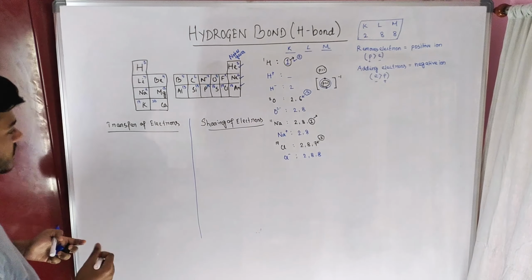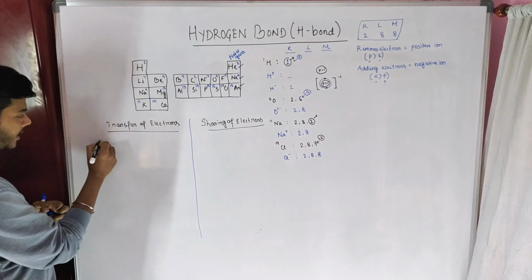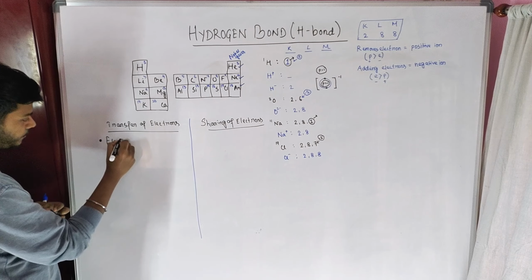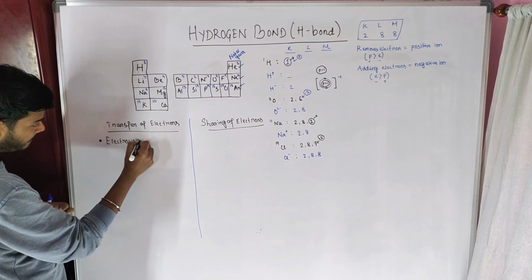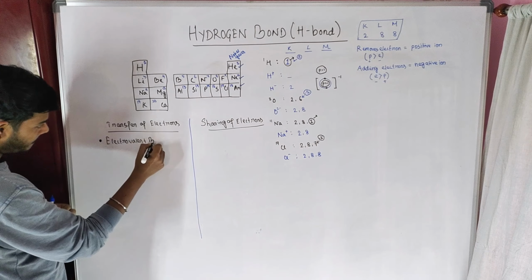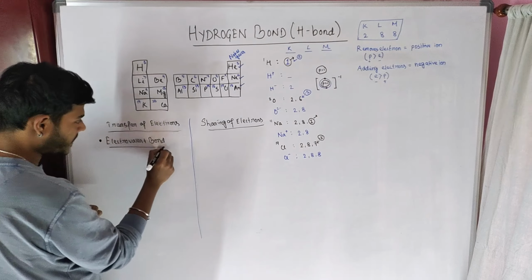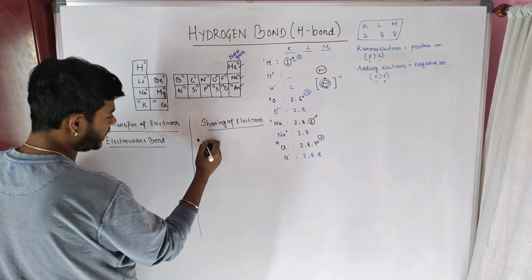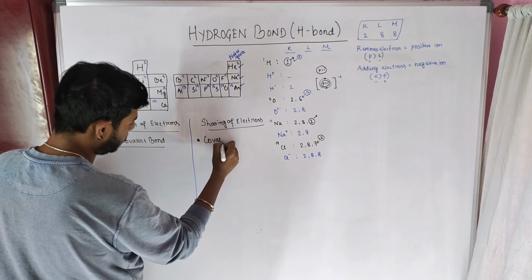When electrons are transferred from one element to another, that type of bonding is called an electrovalent bond. And when electrons are shared between two atoms, it is called a covalent bond.